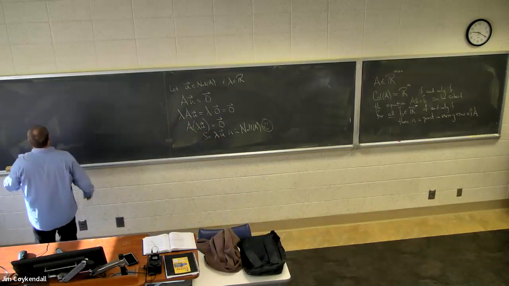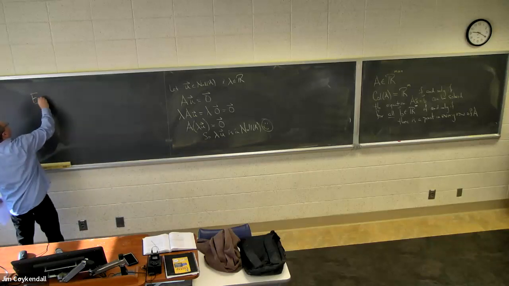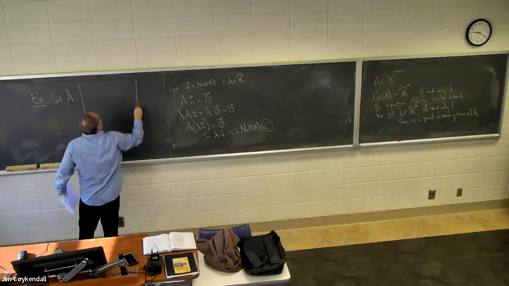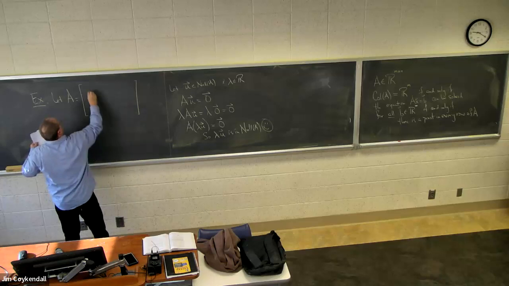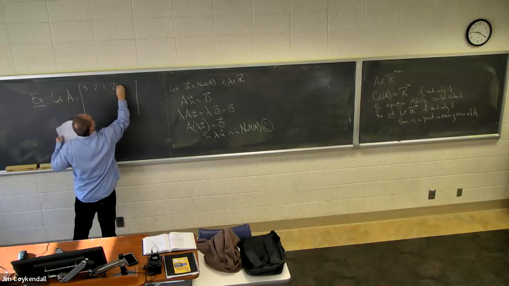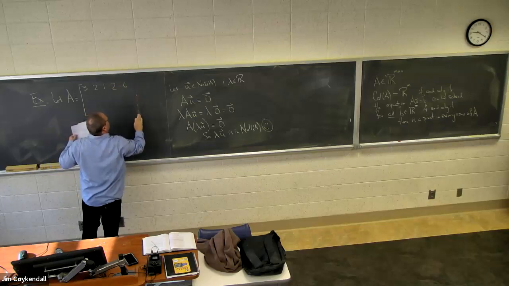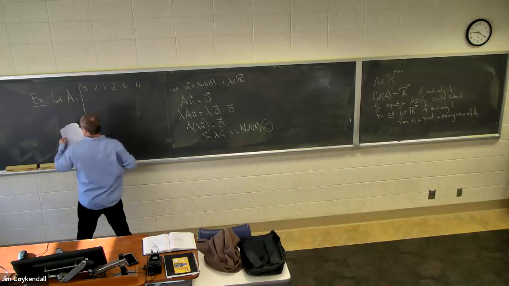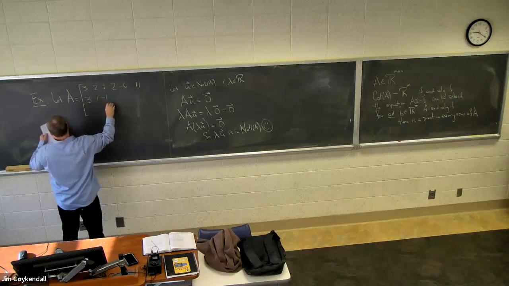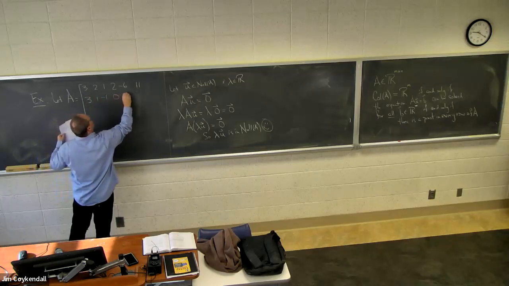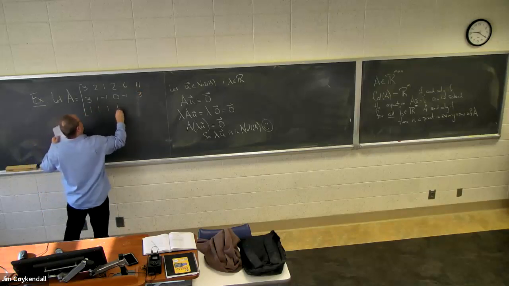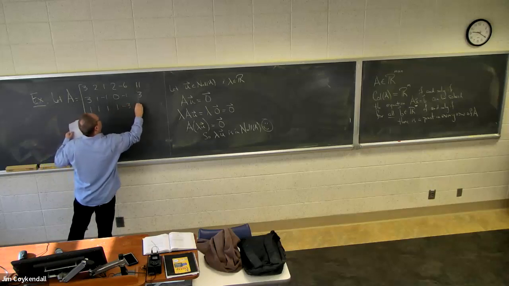Let's let A be the matrix with rows (3, 2, 1, 2, -6, 11), and then (3, 1, -1, 0, -1, 3), and (4, 1, -3, 5).